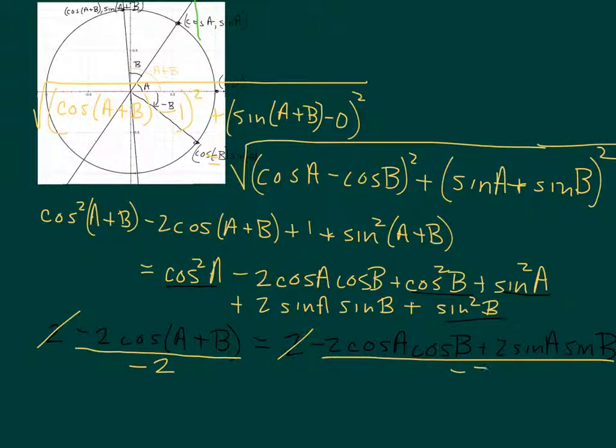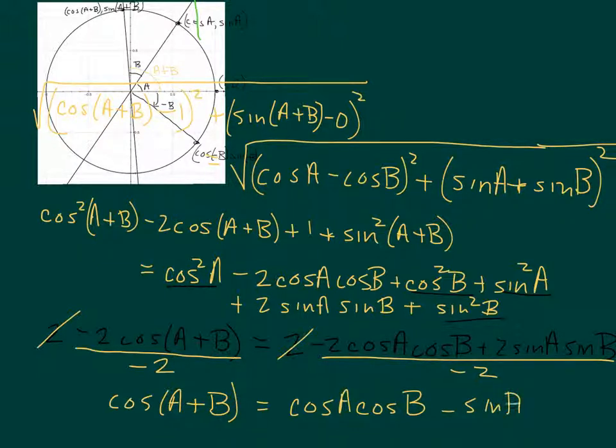Dividing both sides by negative 2, we will end up with cosine of A plus B is equal to cosine of A times cosine of B minus sine of A times sine of B. And that is what we call the sum formula for the cosine function.